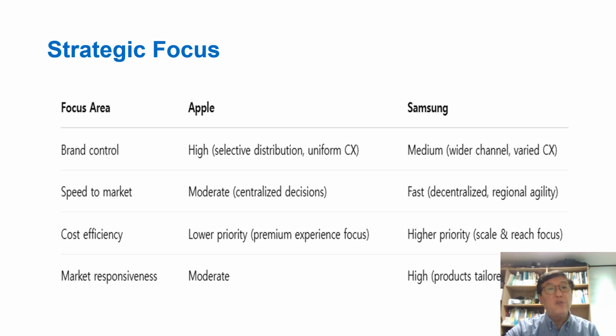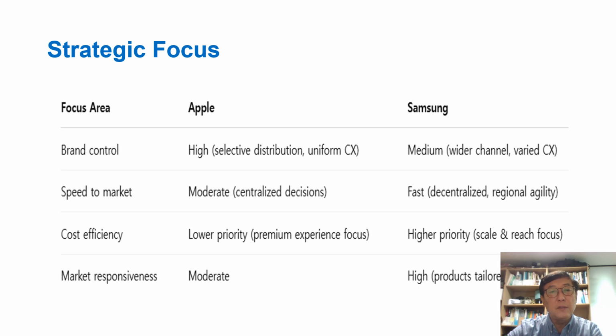For strategic focus, brand control is very high for Apple, with selective distribution and uniform customer experience, CX, and medium for Samsung, with wide channels and varied CX. Speed to market is moderate for Apple and fast for Samsung. Why?